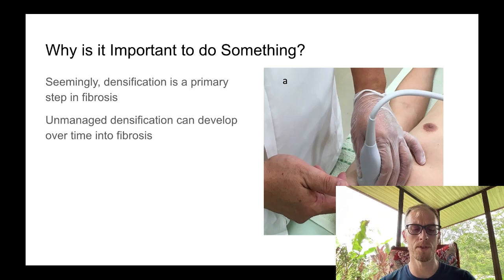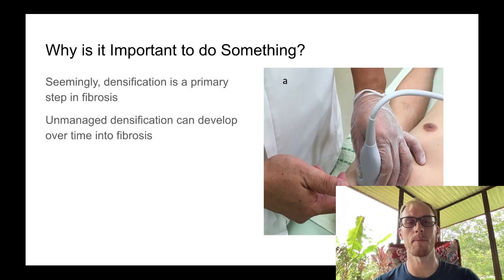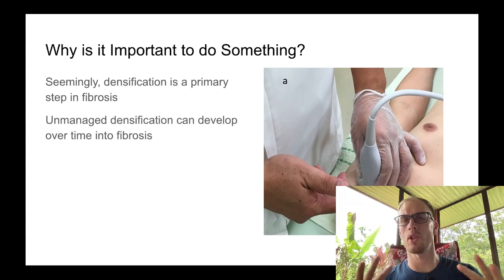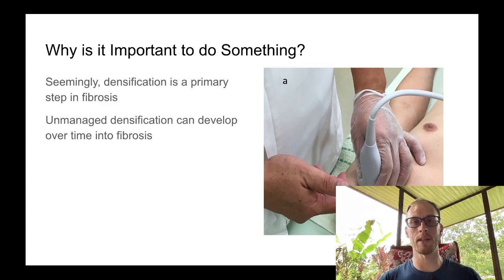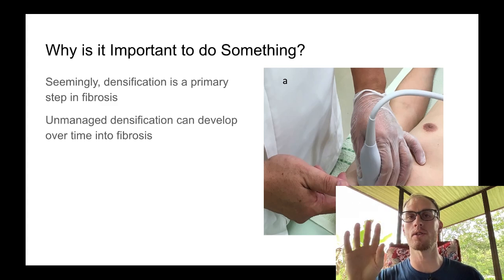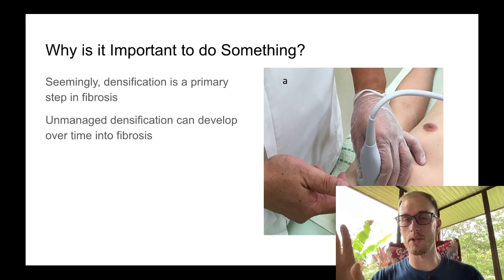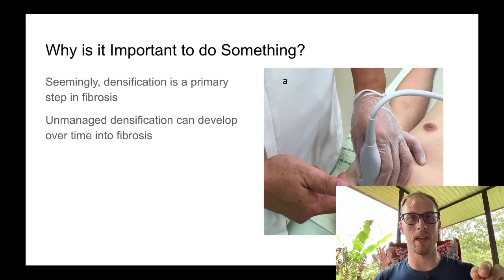I don't want to say that that is going to be the case for everyone, because there's a lot of ingredients in the recipe of rehabilitation from fibrotic events. And what I will say definitively is that fibrosis is much, much harder to manage, especially without surgery, if you want to go without surgery, than densifications.